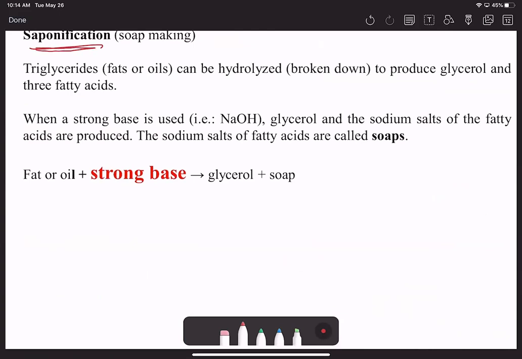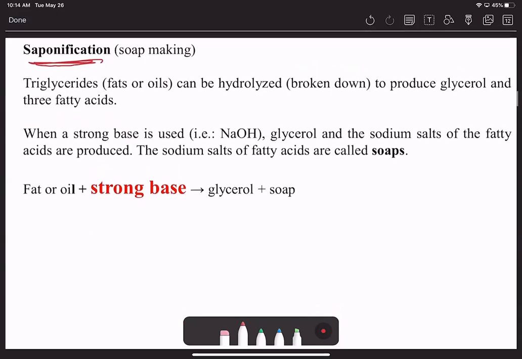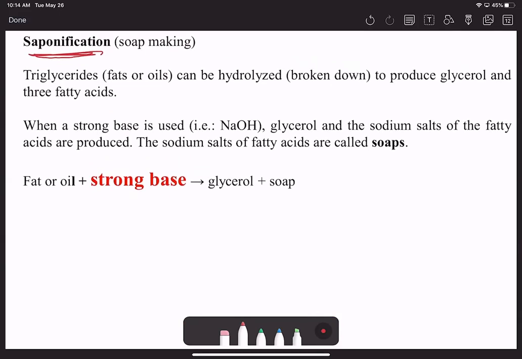But this time, instead of calling it base hydrolysis, in biochemistry, it's called saponification, right? But you do need a strong base, not a weak base, strong base, right? We know our strong bases, right? Calcium hydroxide, sodium hydroxide, potassium hydroxide, those are our strong bases. So we're going to take a strong base, we're going to get what we call glycerol, which is our alcohol, and we're going to get soap, which is our carboxylate salt.